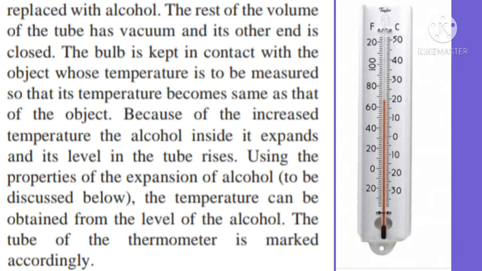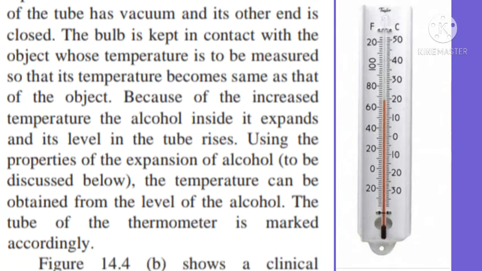Because of the increased temperature, the alcohol inside it expands and its level in the tube rises. Using the properties of the expansion of alcohol, the temperature can be obtained from the level of the alcohol. The tube of the thermometer is marked accordingly.